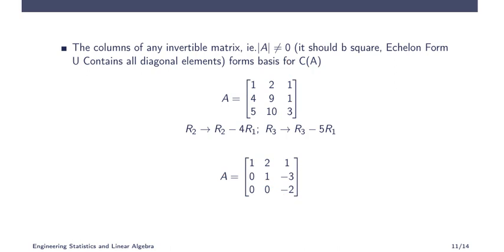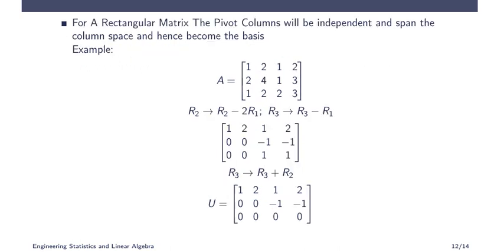Now the next condition is very important, that is, if it is a rectangular matrix, then the pivot columns will be independent and they are able to span the column space, because they generate the remaining columns, the free columns, right? Because free columns are linear combinations of the pivot columns. So they can span the entire column space.